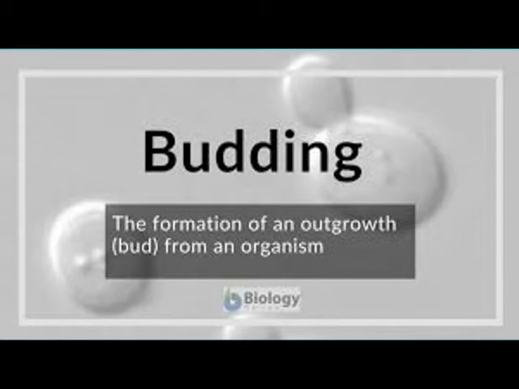In Hydra, a bud develops as an outgrowth due to repeated cell division at one specific site. These buds develop into tiny individuals and, when fully mature, detach from the parent body and become new independent individuals.